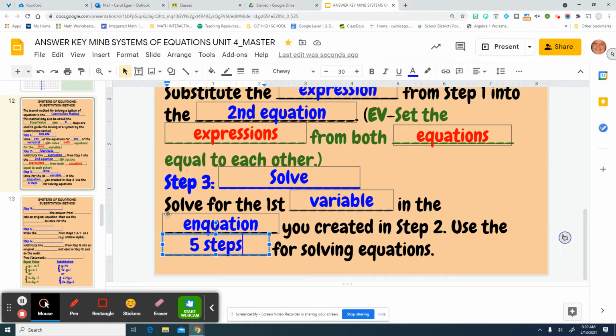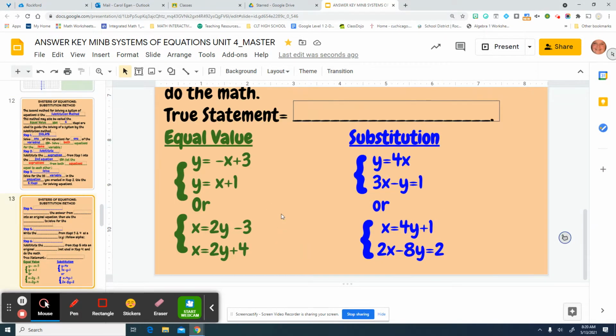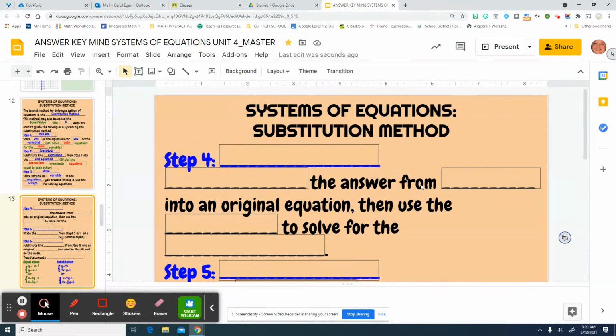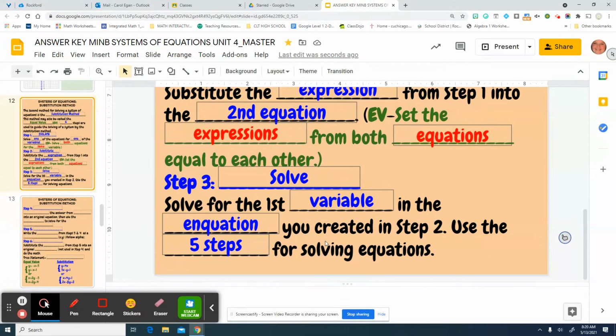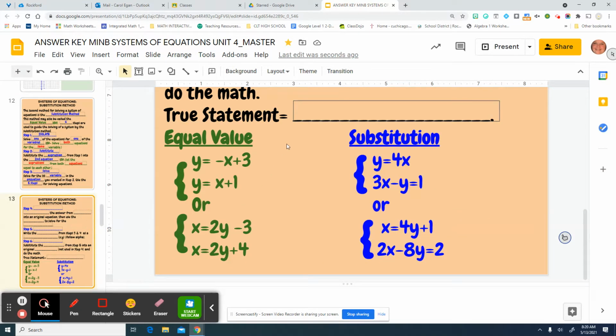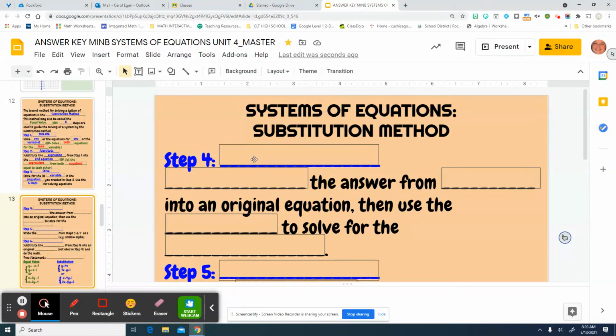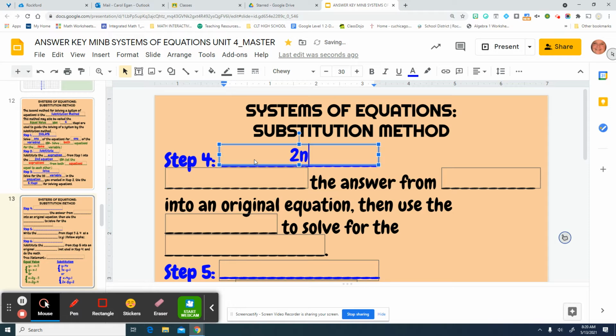Okay, so those are the first 3 steps, and that is going to get us to the value for one of the variables. But in a system, there's 2 variables, and we need to find out the value of both of them. So after step 3, we're going to focus on solving for the remaining variable. So in step 4, we call this second variable. Okay, because we found the value of one, now we got to find the value of the other.